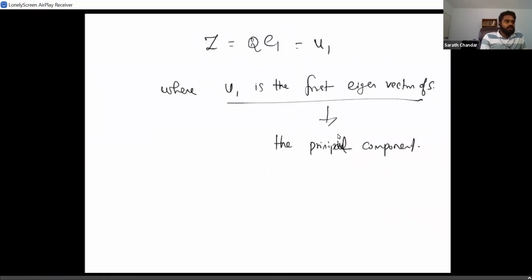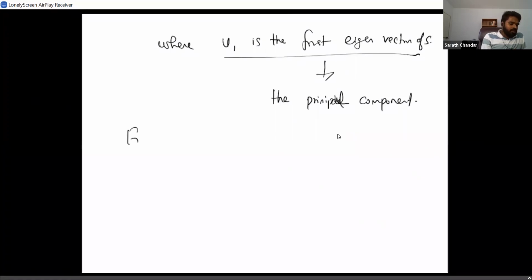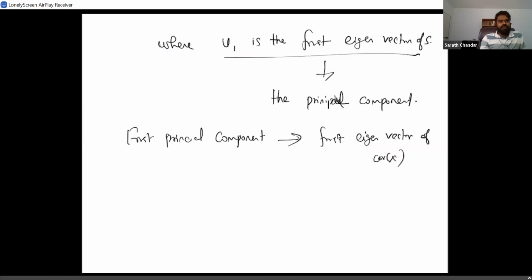Okay, so the first principal component is given by the first eigenvector of the covariance of X. Now similarly, if you want to find two directions which capture almost all the variance, then you could choose the first two eigenvectors, then the first three eigenvectors, and so on. So now we have an algorithm.